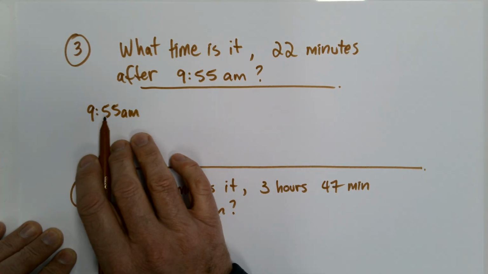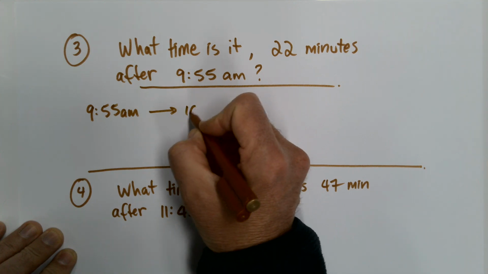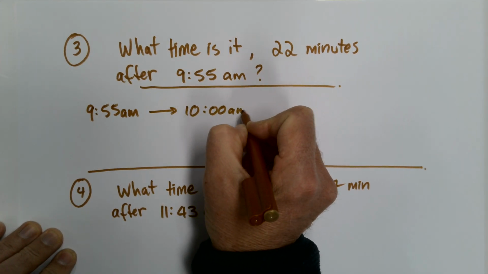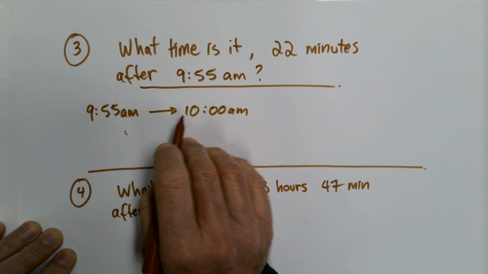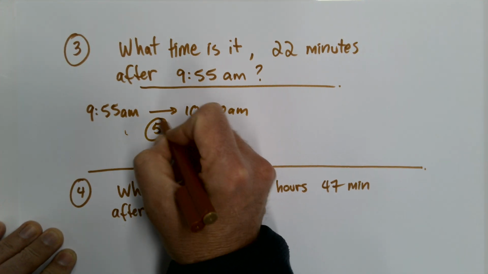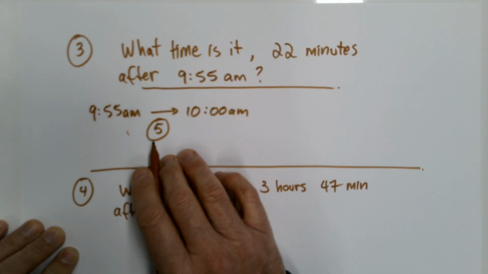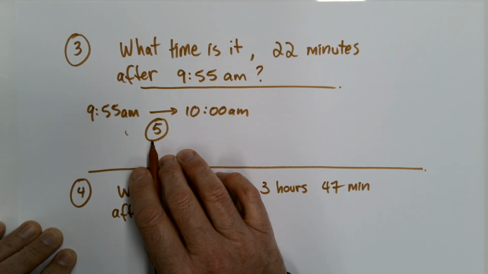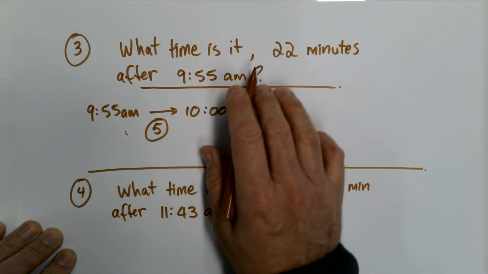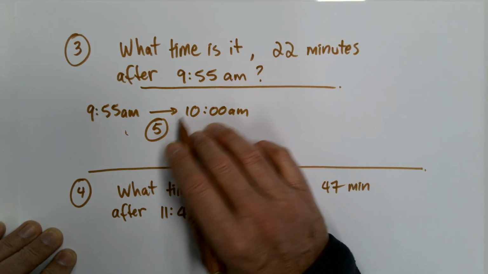Well, you know what, that's really close to 10 o'clock, so if I go forward in time to 10 a.m., I've used up 5 minutes, haven't I? That's 5 of that 22. So how much is left? Well, I've got 17 minutes left, haven't I? Because 22 subtract 5.